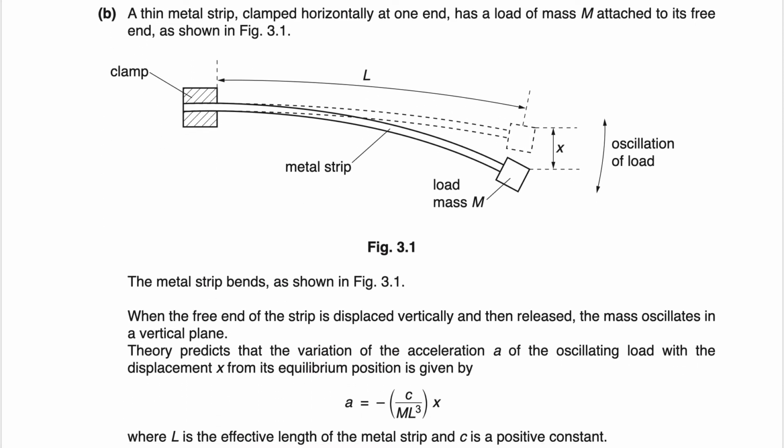Okay, a thin metal strip clamped horizontally at one end has a load of mass capital M attached to its free end. So what we are making here is we are fixing a lever in the wall, and on the other end there is the load mass. If we touch the mass, it will oscillate up and down.